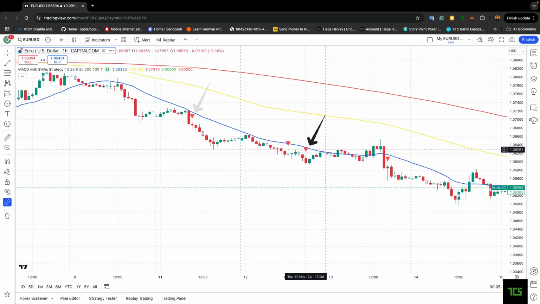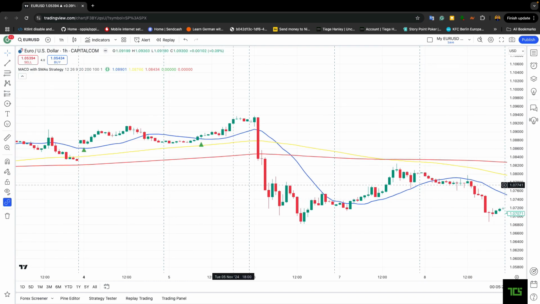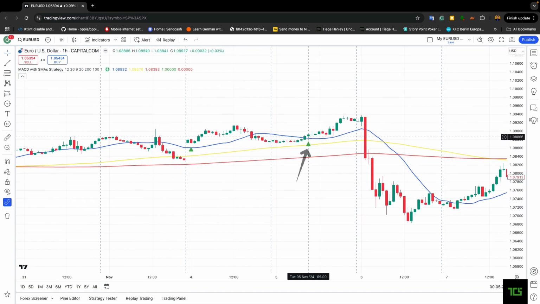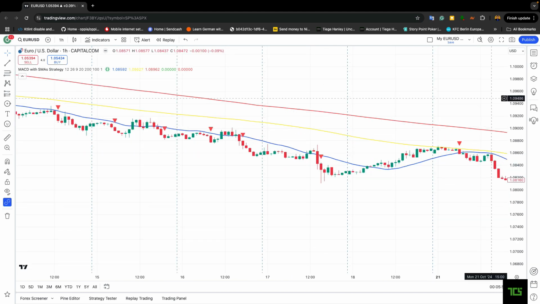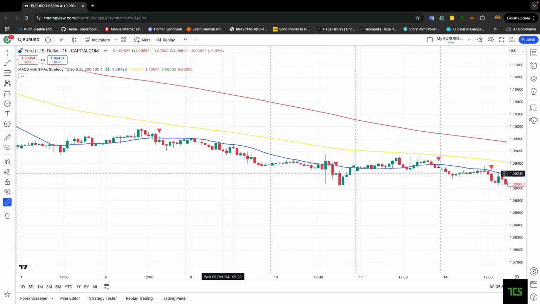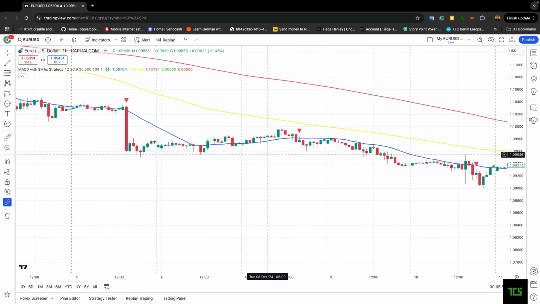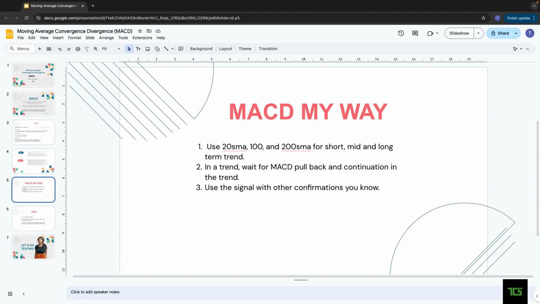And this is the day before, the days before, another signal here. And this is another signal here. You take one here, you take a profit over here. The point is, this simple indicator of MACD works, but it works because I use it my way, which is this.